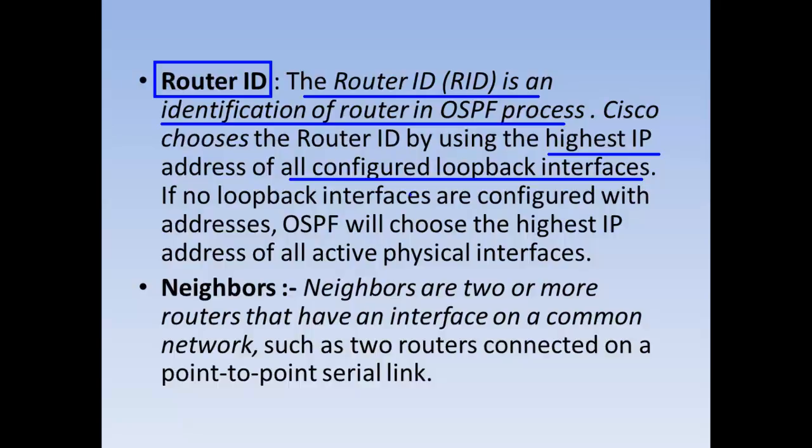If we don't configure any loopback interface, then OSPF will choose the highest IP address of all active physical interfaces. So as soon as you configure OSPF, first it looks for any loopback interface. If that is configured, then that will become the router ID. If not, then any of the active physical interfaces.